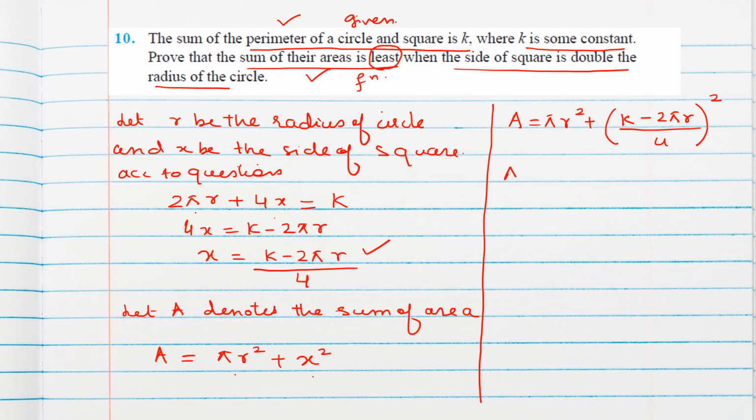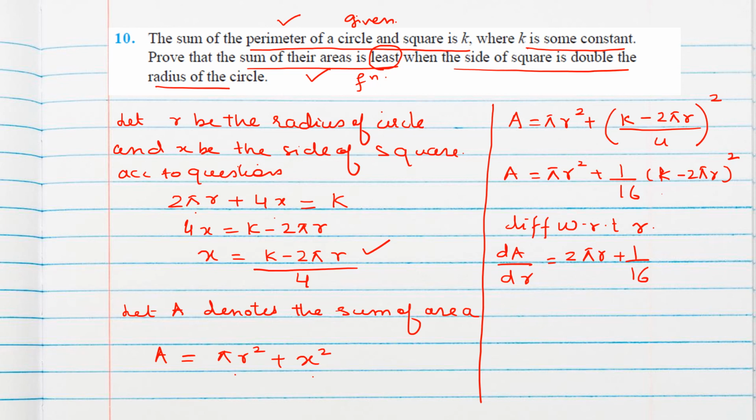So we can write pi r square plus, this 4 we can write as 1 by 16, K minus 2 pi r whole square. Now differentiate with respect to r, since it is in one variable form only, r variable is there. So dA by dr will be 2 pi r plus 1 by 16, for this power rule also we can apply, 2 times K minus 2 pi r. Then derivative of this bracket: K is constant, 0, minus 2 pi is coefficient, and derivative of r is 1.